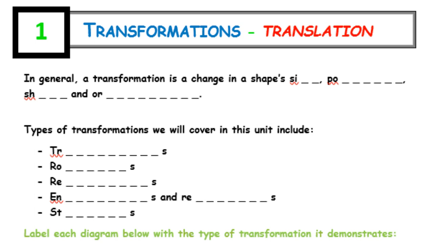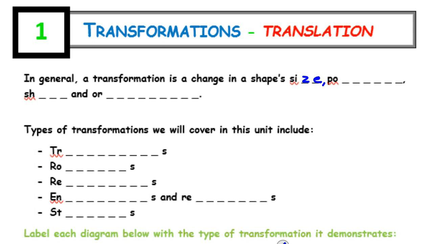In general, a transformation is a change in a shape's size, something, something, and something. So let's try to think what they might be. Try to think what that would be.